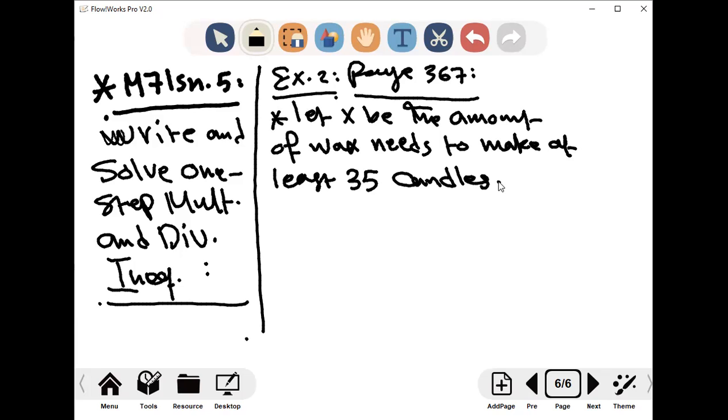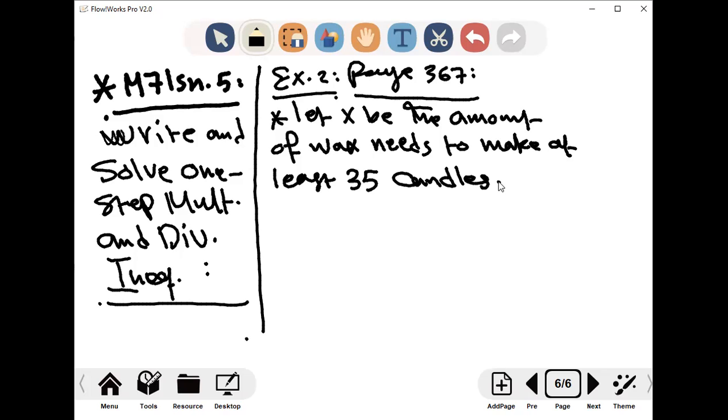Candles, right? So each candle needs how much? 6.5. I need to take each part from the big amount, 6.5, to make candles. I'll take the first 6.5 to make the first candle. Then I will go to the amount of wax and take the second.